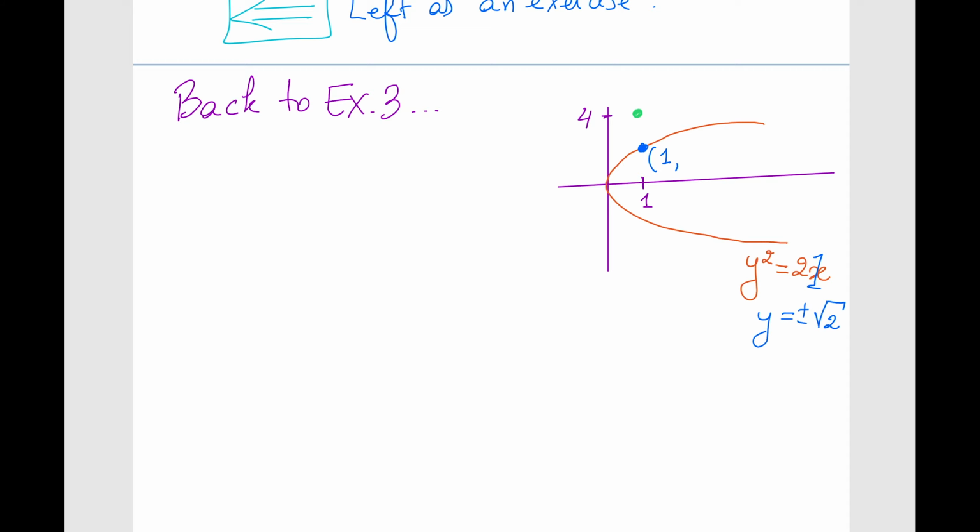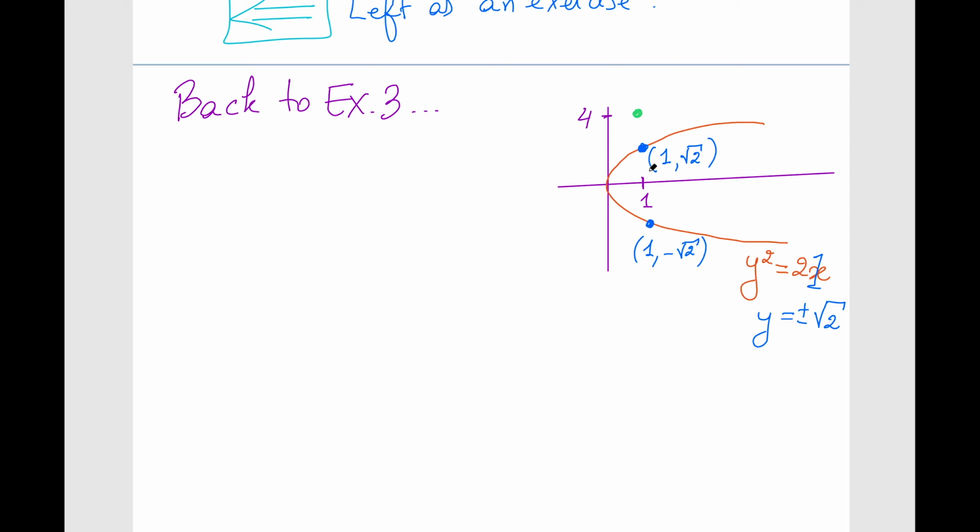Agree with me? So that point is going to be (1, square root of 2), and this one here is (1, negative square root of 2). So for x equals 1, it generates two points on the parabola, namely (1, square root of 2) and (1, negative square root of 2).